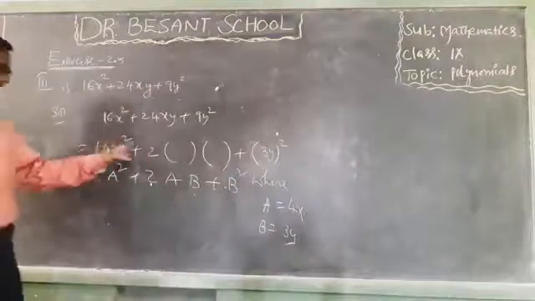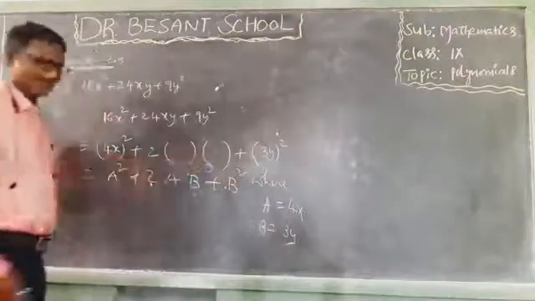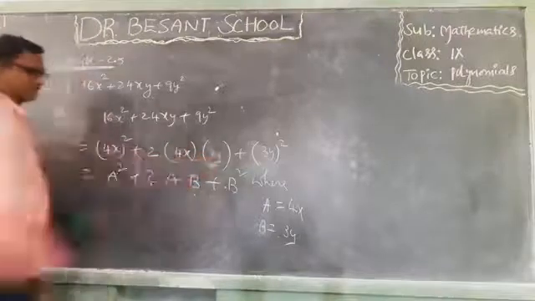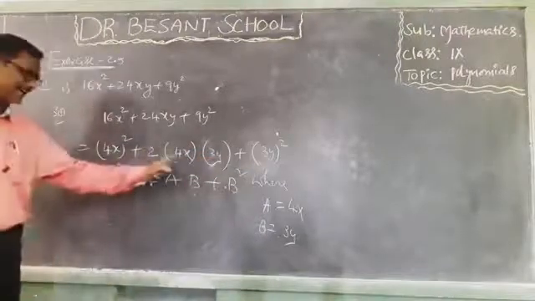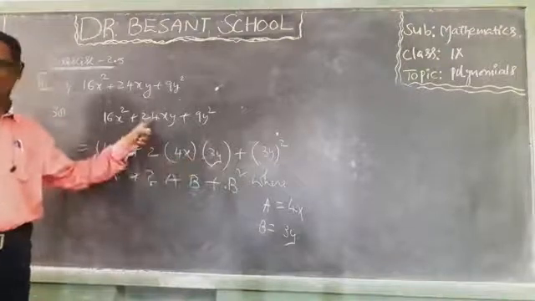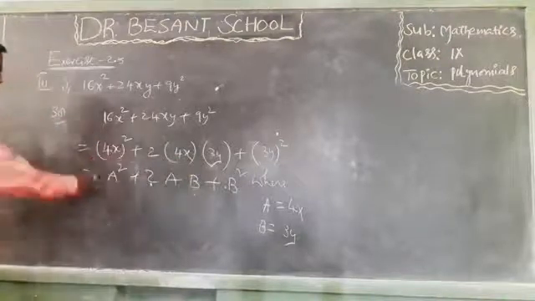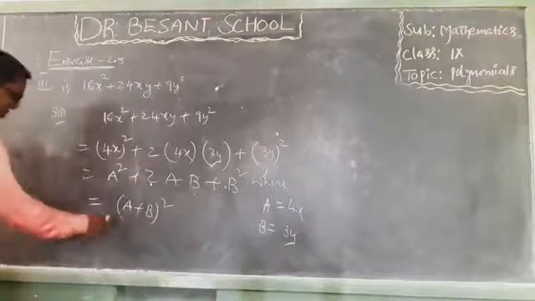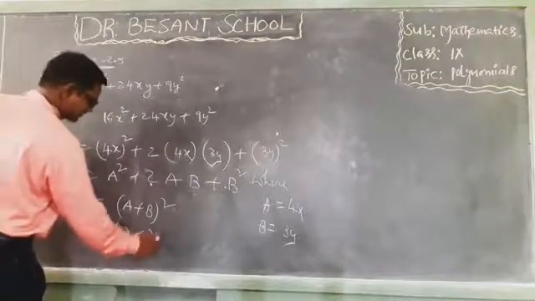A square plus b square plus 2ab. 2 into a, how much? 4x. b, how much? 3y. Now observe, 2 fours are 8, 8 threes are 24, 24xy. So a square plus 2ab plus b square, how will you write it? A plus b whole square. A means 4x plus b means 3y.